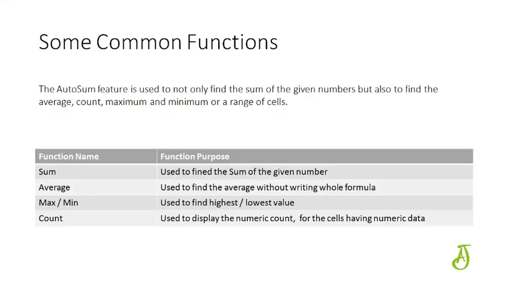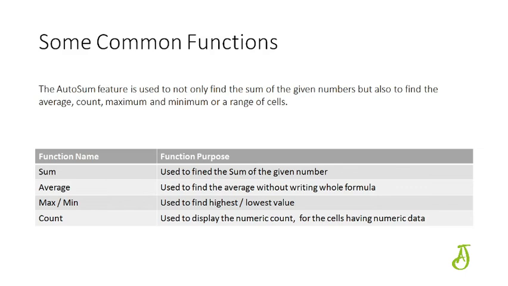Some common functions. The AutoSum feature is used not only to find the sum of given numbers but also to find some frequently used functions. These are predefined functions which you can find in the ribbon. Now I have written the function name and its purpose: sum, average, max, min and count.